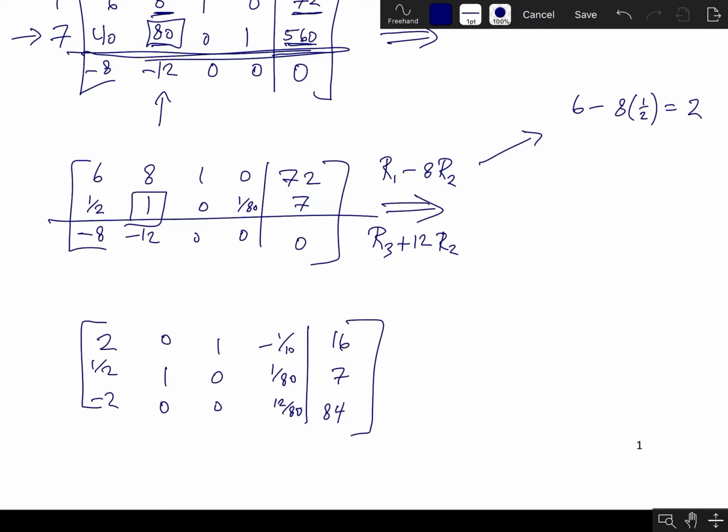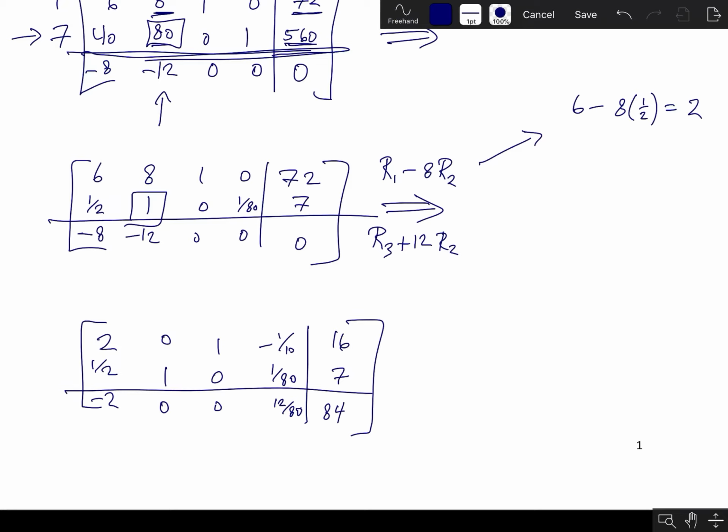So this is where we are now. And notice that our pivot column is now fixed. So we're happy with the pivot column. We have the one where we wanted, and we've zeroed out the rest of that pivot column. And if you'd like, you can keep writing this bar to divide the objective row away from the constraint rows.